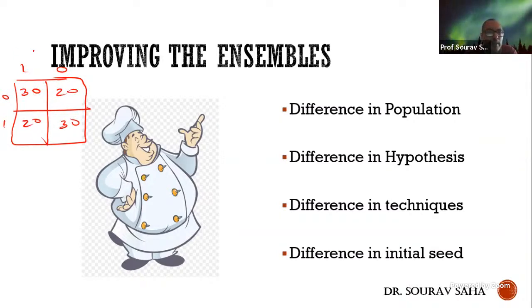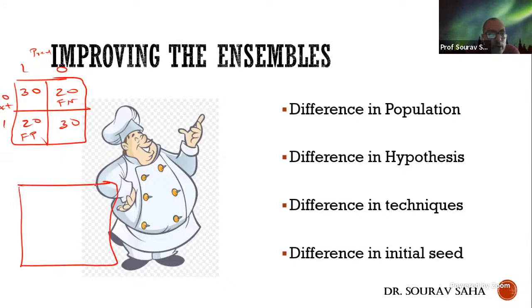This is my predicted, and this is actual. So this is my false positive, and this is my false negative. Now I've probably used a very simple ensemble which focuses more on the positive classes. So in that case, what happened was that it focuses more on the positive classes.